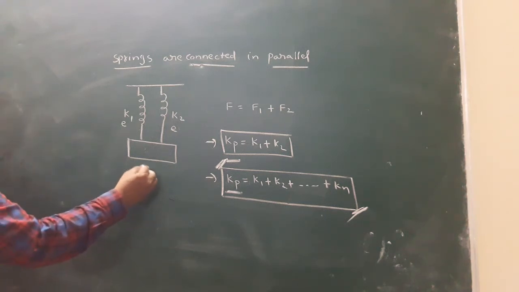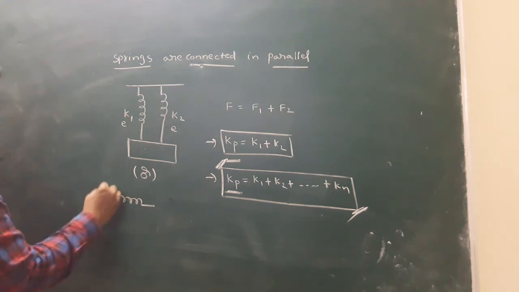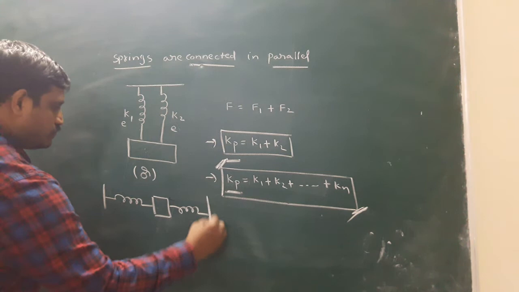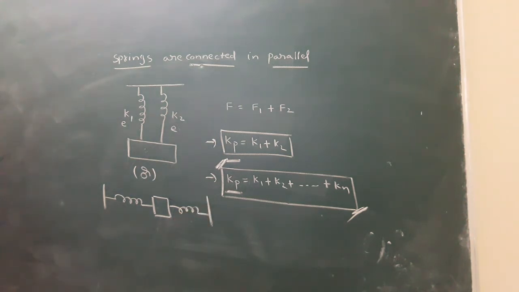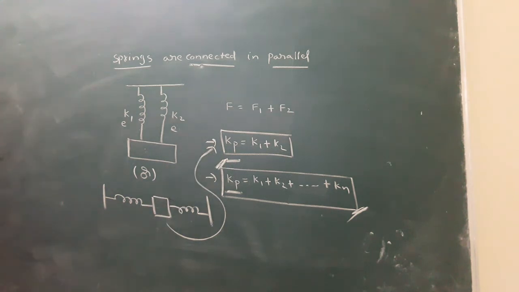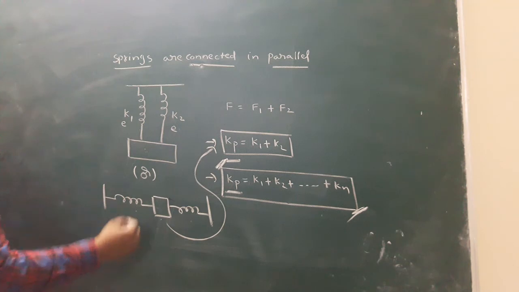Some textbooks write the parallel combination in this manner also. Please look here. This is also a parallel combination. The same formula is applicable here also. This combination is parallel combination.